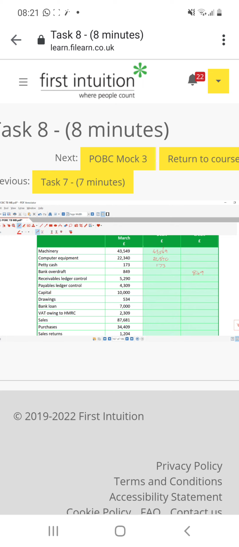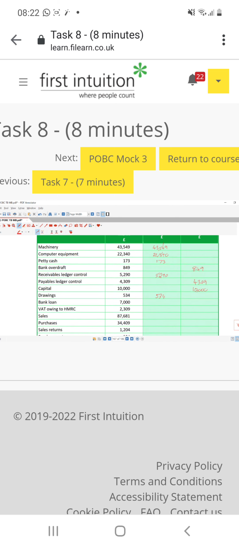But our receivables ledger control, 5290, nothing being affected with our journals here. Our payables ledger control, 4309, is a liability, so it'll be a credit. Our capital is always a credit balance at 10,000. Our drawings, always a debit balance here at 534.